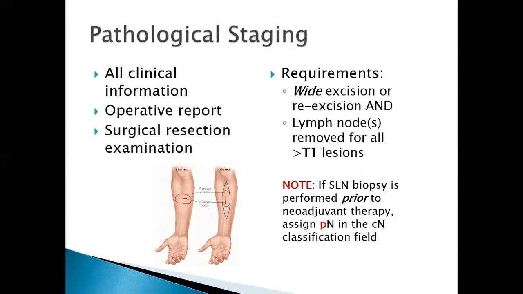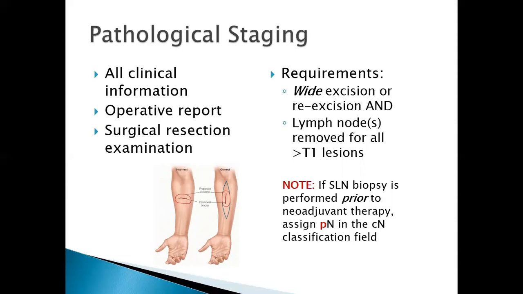But if the lesion is a T2 or higher, then lymph nodes must be removed to assign the pN category. If lymph nodes are not removed, but the wide excision or re-excision identifies a T2 lesion or higher, then the pN must be assigned as pNX because the lymph nodes were not pathologically assessed.